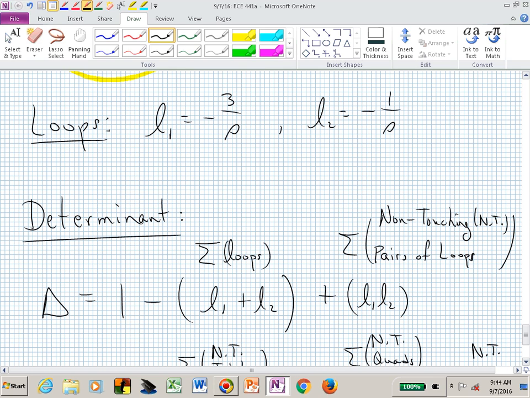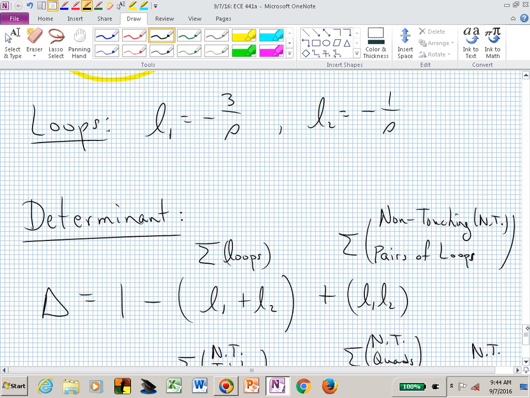So it would appear in the sum, but it wouldn't have appeared in the product anywhere. Not even in the pairs, because L1 touched L3, L2 touched L3, so you wouldn't have it in that product of pairs of non-touching loops. But you would still have the L1 and L2 product.